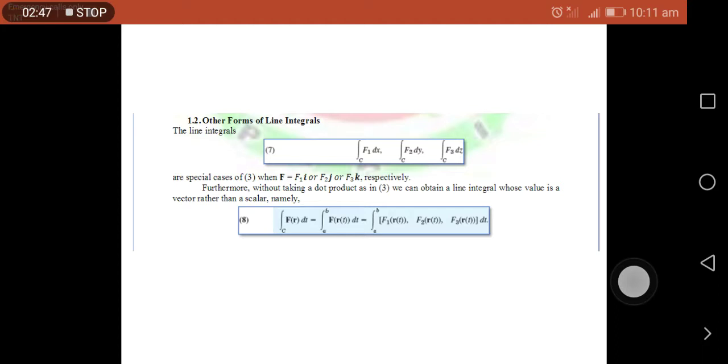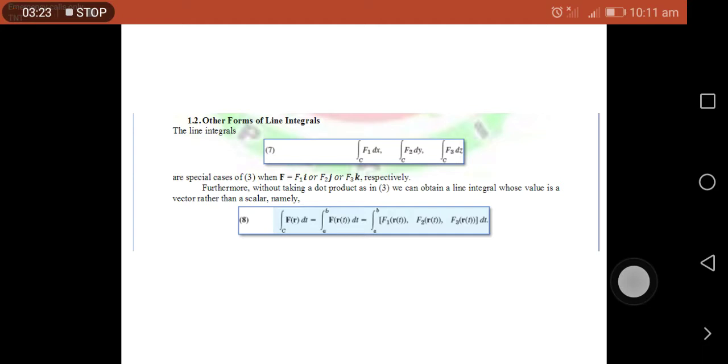So in this case, we have the simplification of that line integral by using its components, or by not using the dot product that we have already discussed previously. In this case, the line integral from equation 3 can also be written as this equation 7.